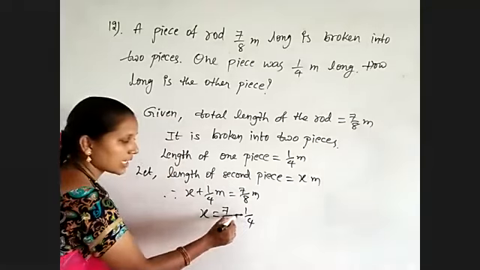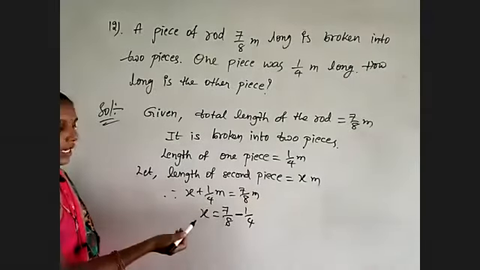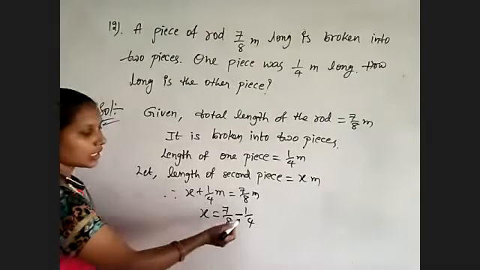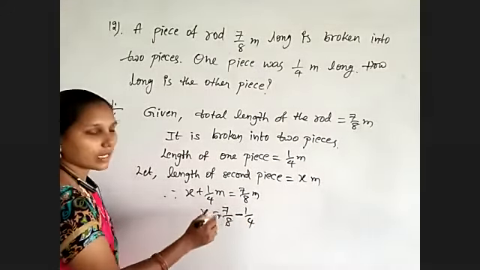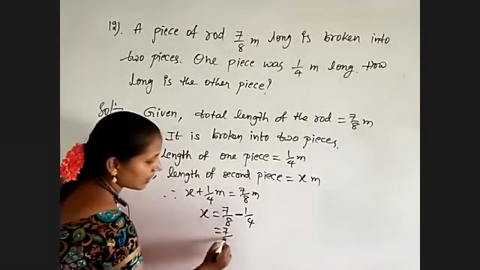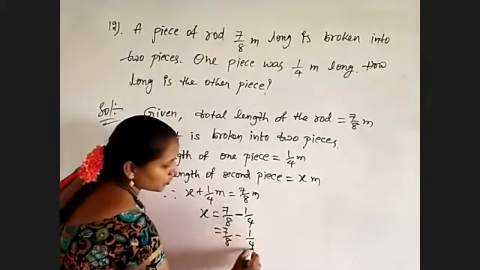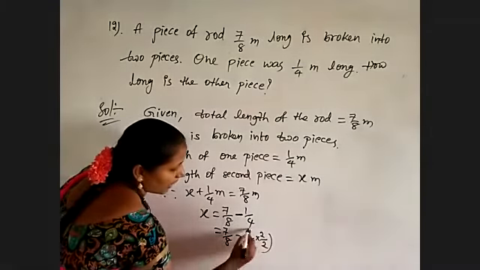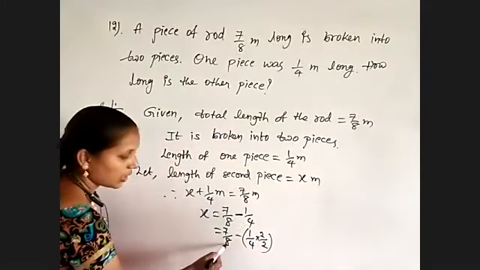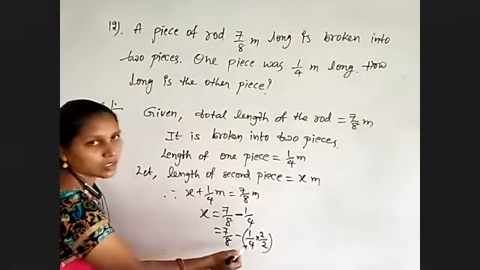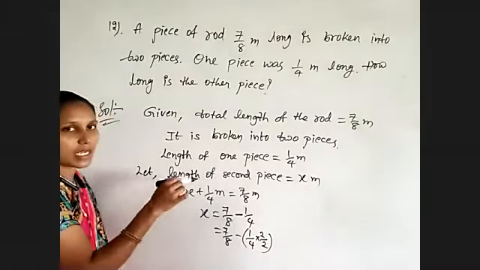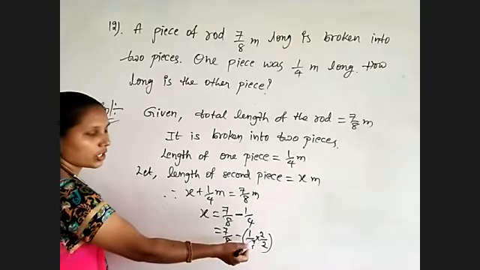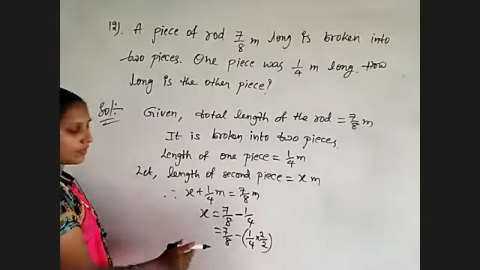So instead of cross multiplication or LCM, I am taking the equivalent fraction of 1/4 by multiplying with 2. Why? Because here the denominator 8 is there, and in the 4 table also you will get 8. Instead of cross multiplication or LCM, directly taking the equivalent fraction, we can simplify.